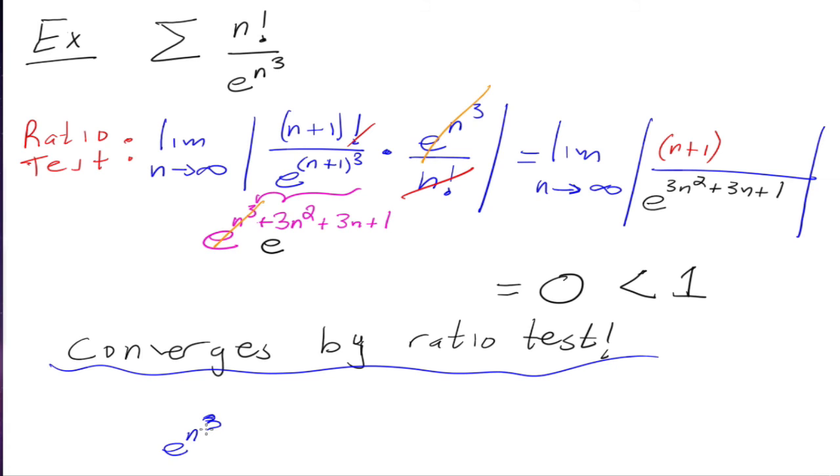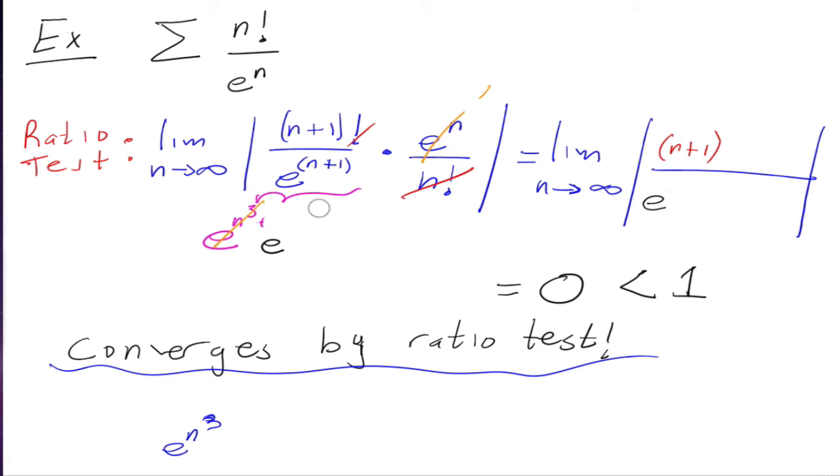If the cube wasn't there, notice what would have happened. Imagine this cubed isn't there, then this would be gone, right? And what would this turn into? Just e, right? So then what would happen?